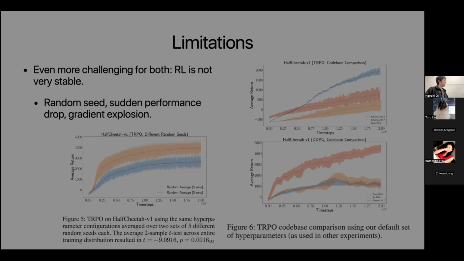So the setup at that time is, this is two learning curves, and these two learning curves are produced by TRPO, some policy gradient algorithms, running on a certain locomotion task on OpenAI Gym.